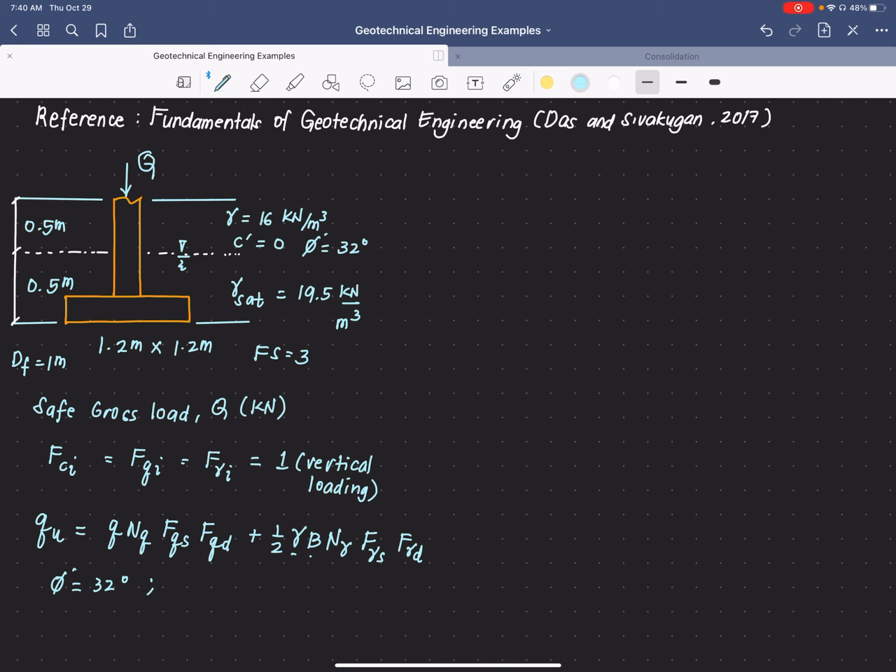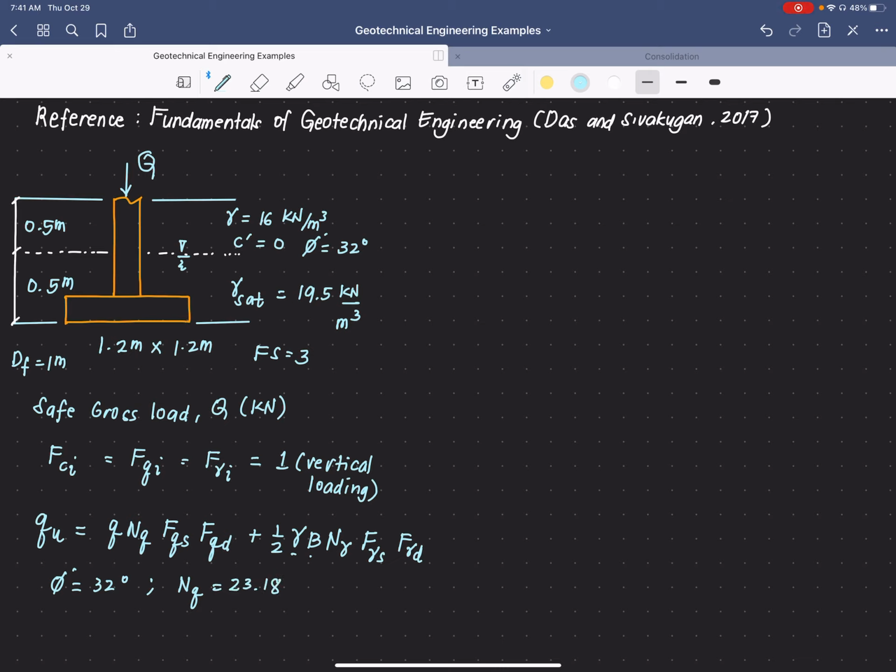And this time we'll be using the table provided by or modified by Meyerhof, and from that table, given an angle of friction of 32, our N sub q is equal to 23.18.